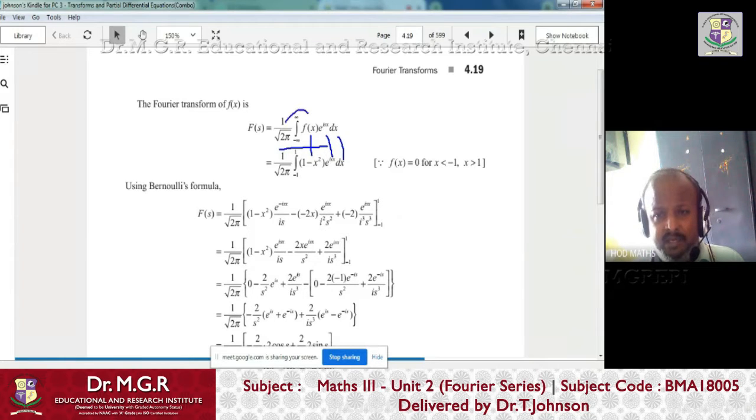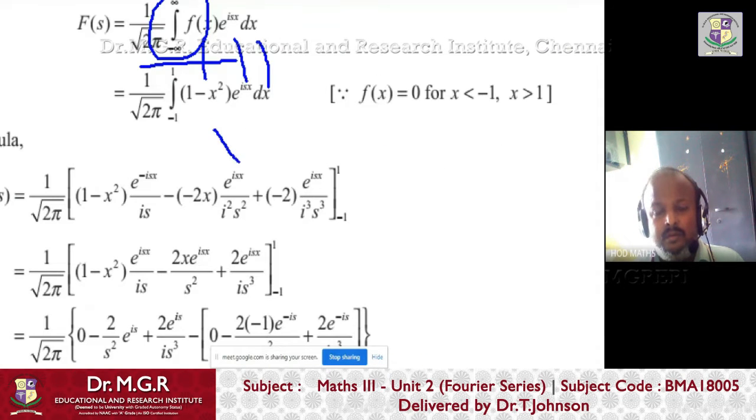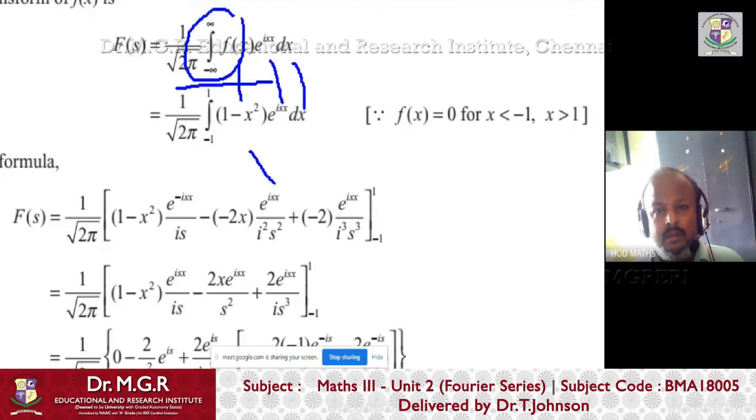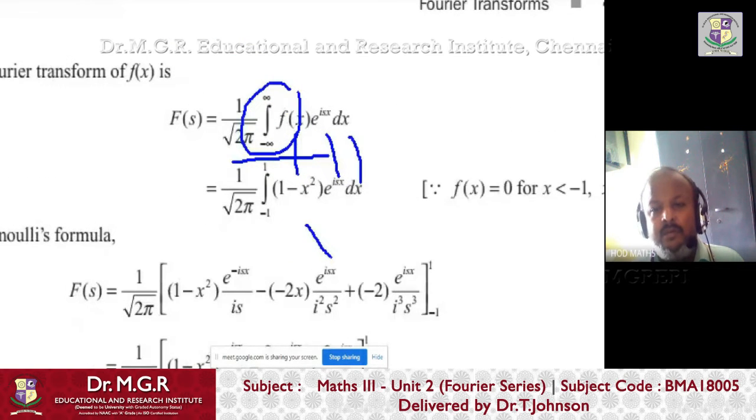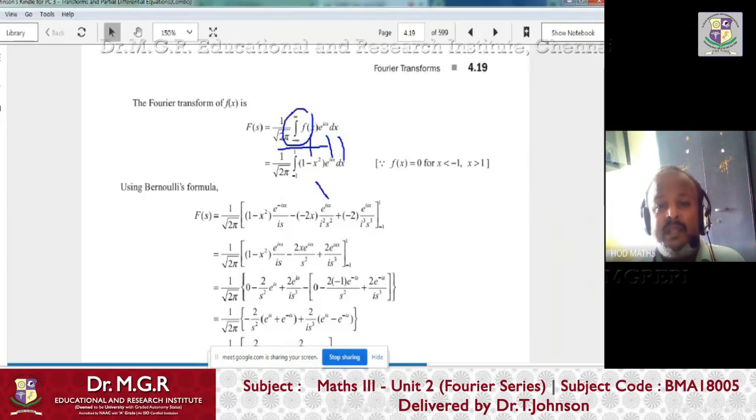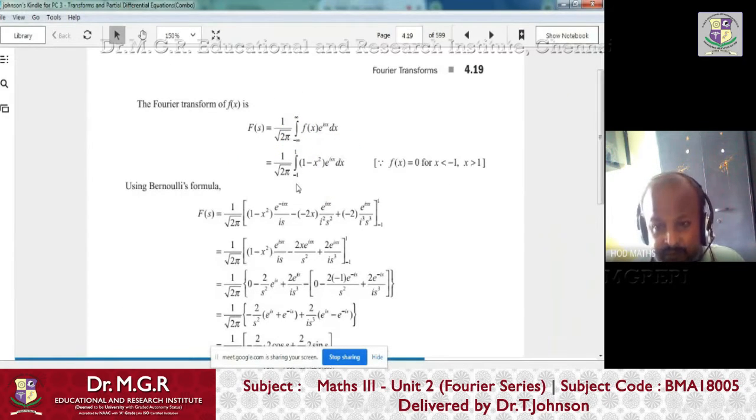But when you look at the interval, in general it is minus infinity to plus infinity, but here it is only minus 1 to plus 1. Why? Because the function itself is defined only from minus 1 to plus 1. At all other places, the function value is equal to 0. So if the function value is 0, automatically the integral value is also 0. So they put only minus 1 to plus 1.